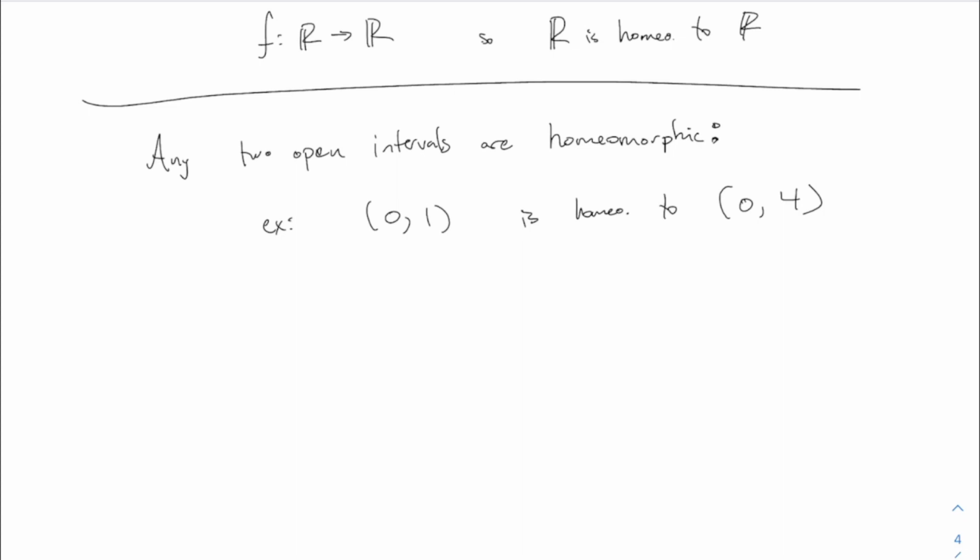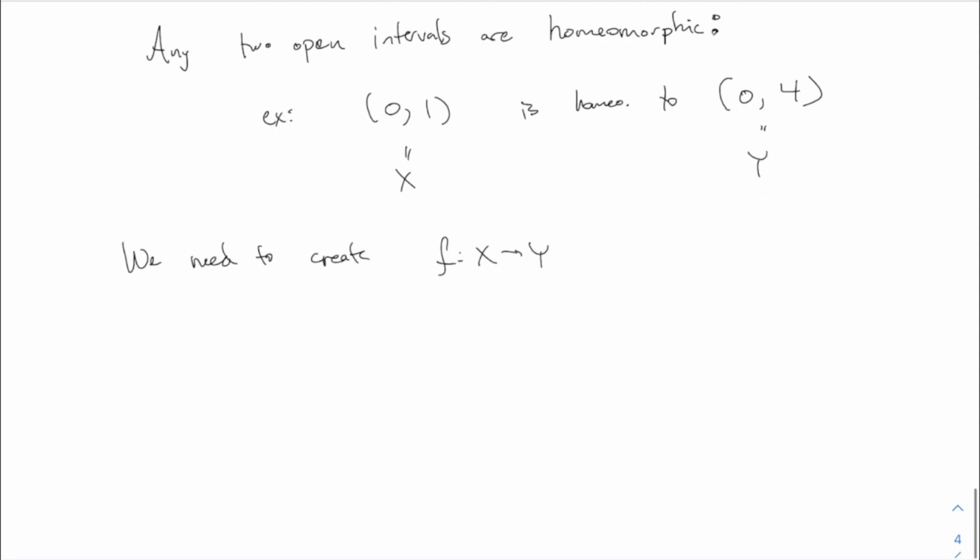If I call this one x and this one y, if you want to show that these are homeomorphic, you have to invent a function from x to y. So we need to create some function f that goes x to y, which is a bijection and continuous, and the inverse is continuous.